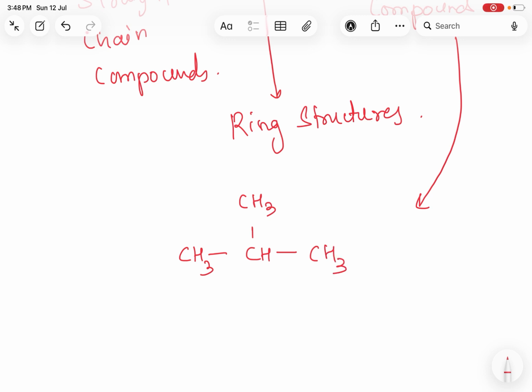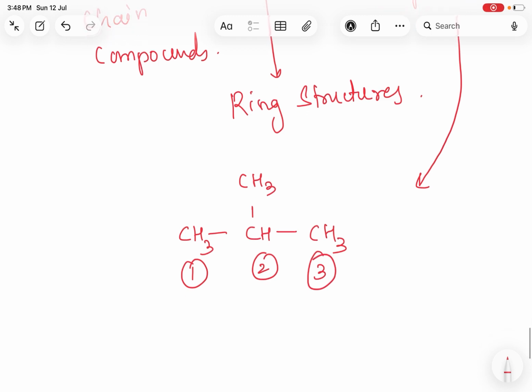Now here you can see, I will just number it for better understanding. I have 3 carbon atoms, and on the second carbon atom there is a substituent which is present. We can say this is a branch. Here the structure is being branched, so this is known as a branched structure.